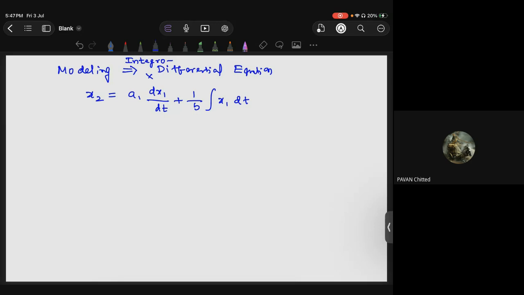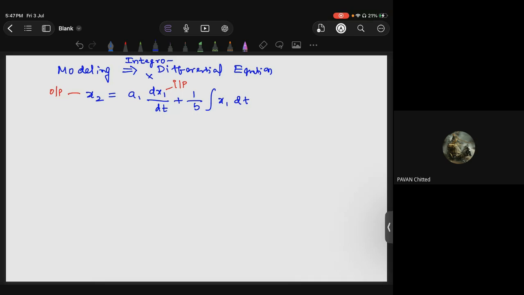Now suppose we wanted to put this in terms of a block diagram. How do we do that? Consider x1 as the input and x2 as the output. While writing block diagrams, we don't say input and output because we'll have many inputs and many outputs. Instead, we say they are signals. Let us put this in terms of the block diagram.